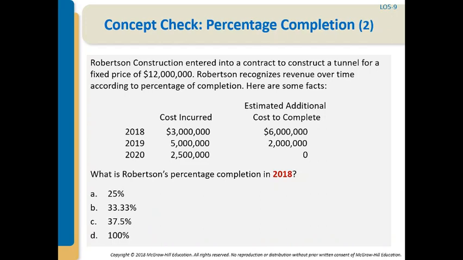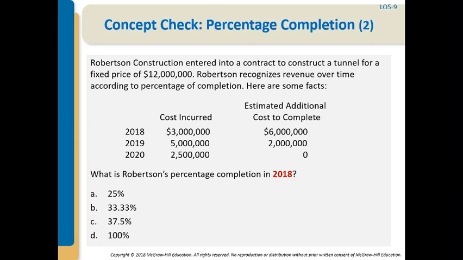Robertson Construction entered into same deal, just some different numbers here. Costs incurred in 2018 is 3 million. Estimated additional cost is 6. Costs incurred in 2019 is 5 million.